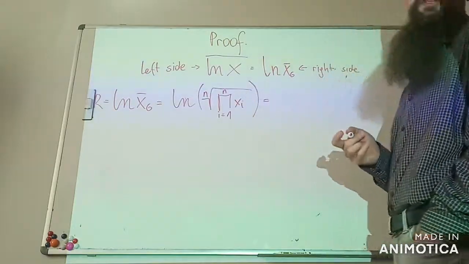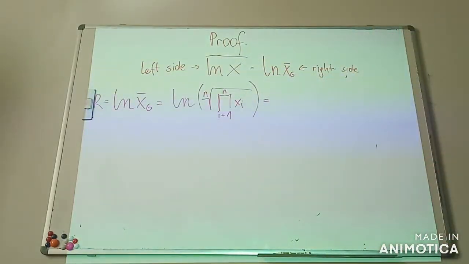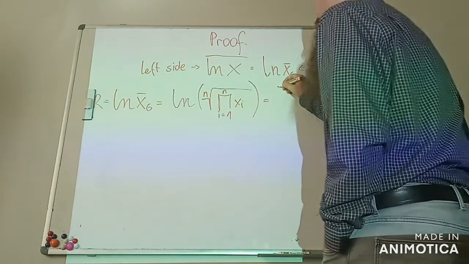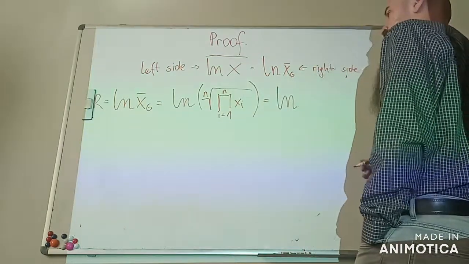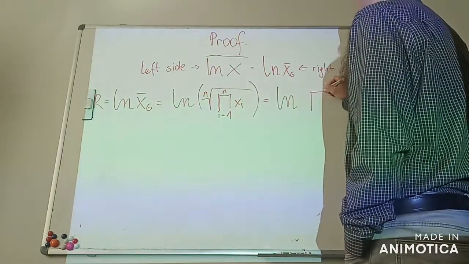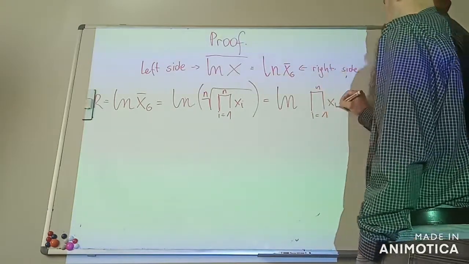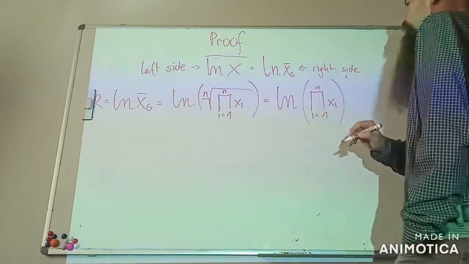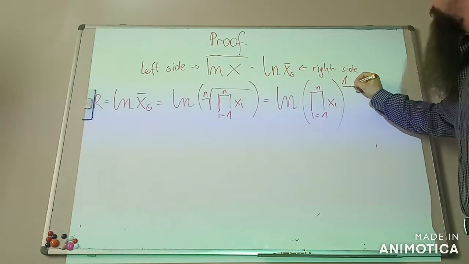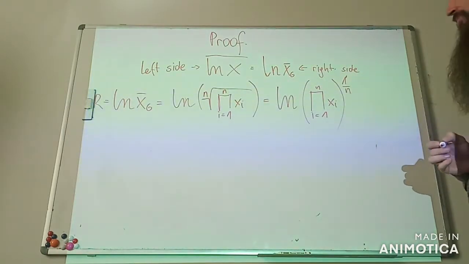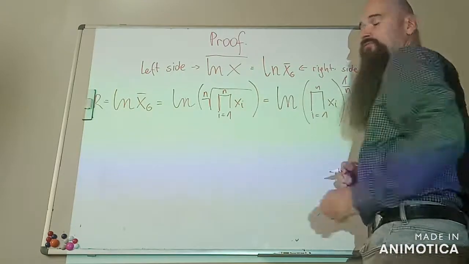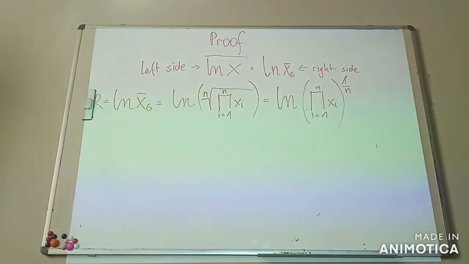We can denote it using an exponent: the logarithm of the product from i equal 1 up to n of xi to the power of 1 over n. The same thing, but different notation.